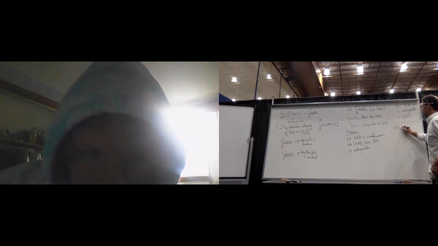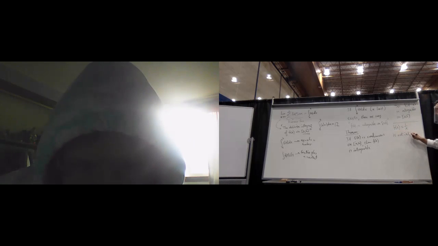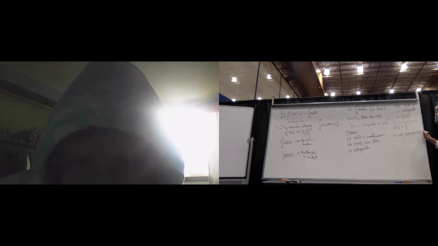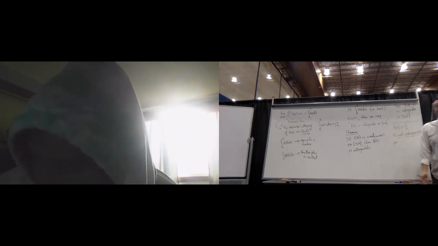An example of a non-integrable function, without justifying it, but I'll just tell you, f of x equals 1 over x. I got to make something weird happen. Make it undefined at 0, it is not integrable. You'll learn about this in Calc 2. It's not integrable on any interval that contains 0. In fact, on this one, 0 to, I don't know, 2.